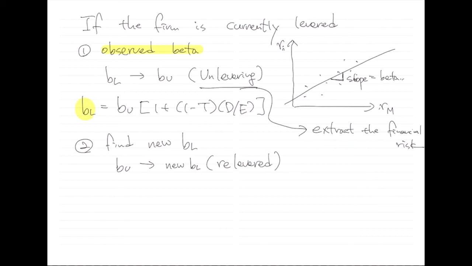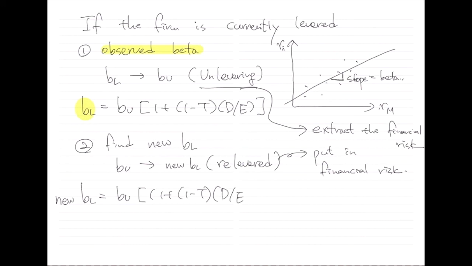It means putting the financial risk back. So the new levered beta can be calculated from the unlevered beta and the new debt to equity ratio.